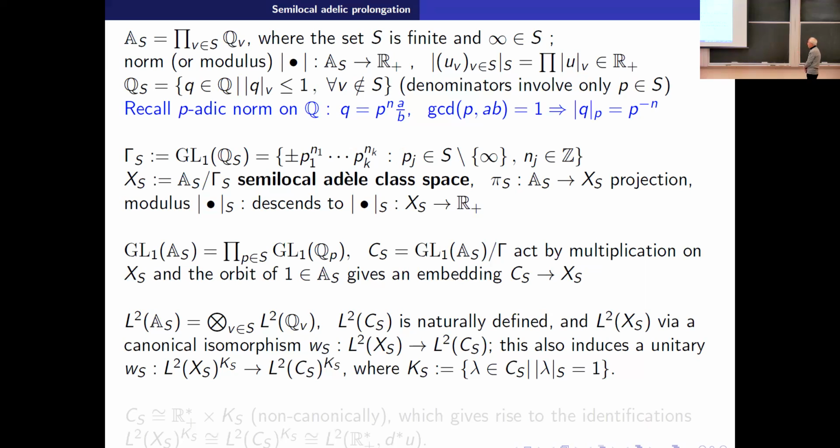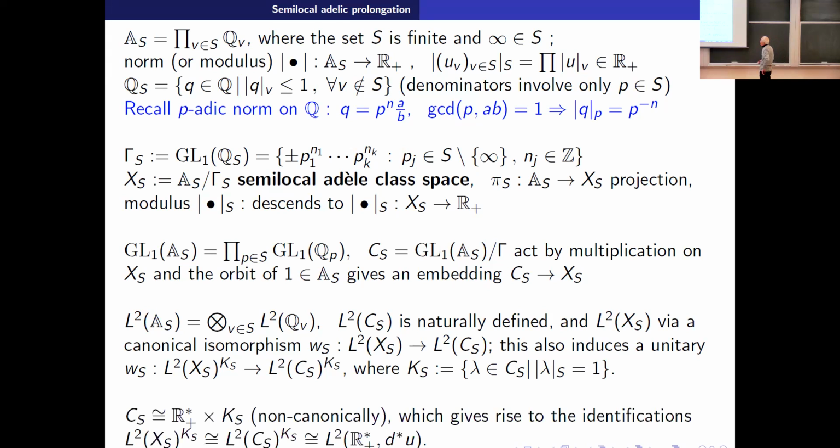This one would take a while to write out exactly, but it's in Alain's book with Mathilde, for instance, and probably in your paper in '99 also. Yes, it's okay. And this isomorphism W_S also descends down if you take the K invariance. K_S is the maximal compact of C_S, of the ideals, because the ideals can be viewed as a Cartesian product, non-canonically.